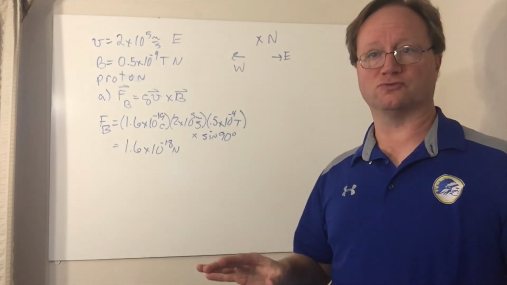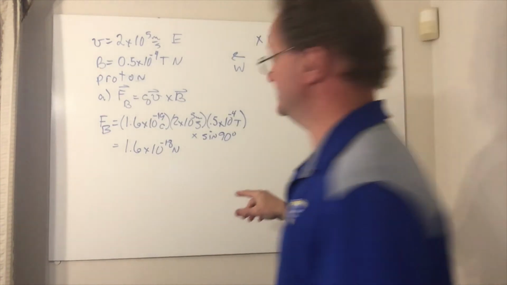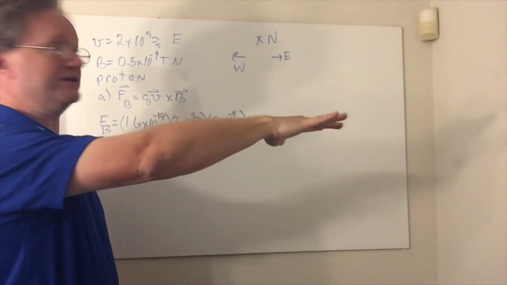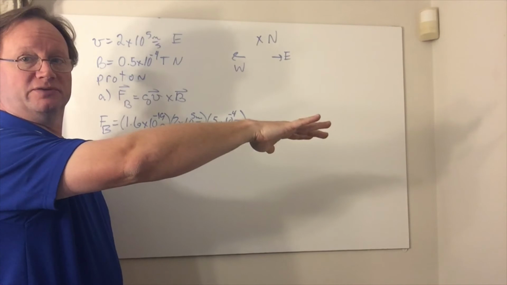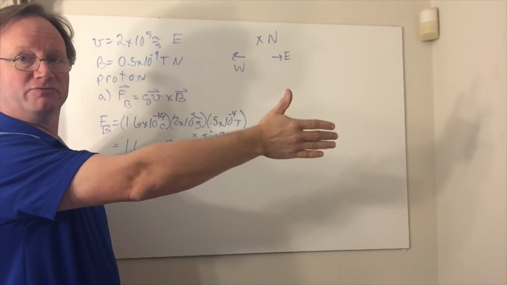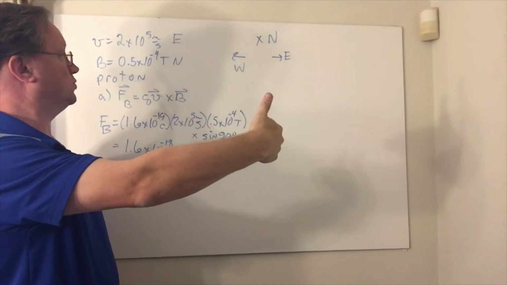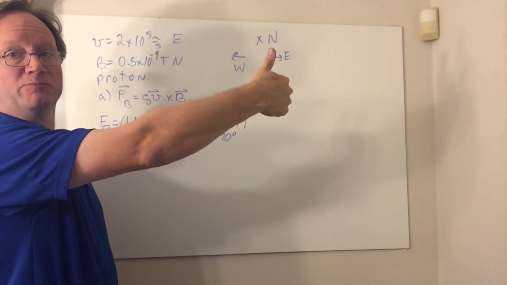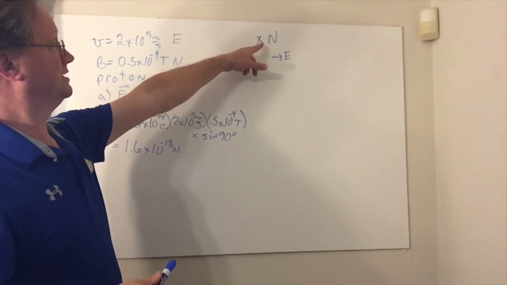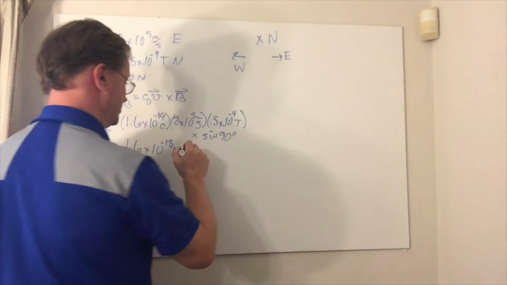Okay, right hand rule. QV cross B. So my velocity is to the east, so I'm going to point my fingers towards the east. My field is towards the north. So then what I'm going to do is rotate my wrist so that I can wrap my fingers into the board in the direction of B. My thumb points upward, and upward is the direction of the force.